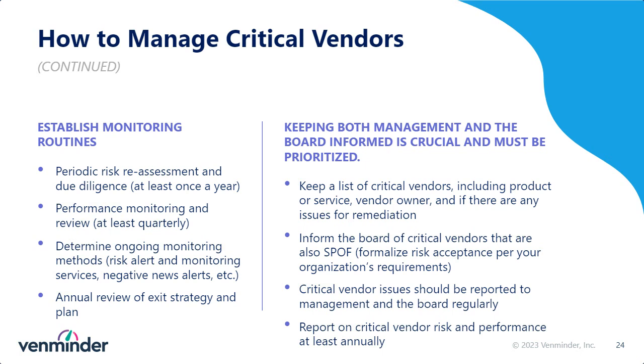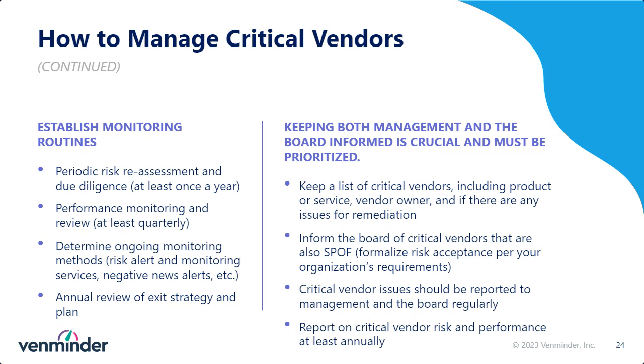We want to make sure we're doing performance monitoring and review at least quarterly. And the reason for this is even if there is a performance issue that's just slightly below where it should be or approaching the upper threshold of where it's not acceptable, we want to fix that right away. We don't want it to go in the ditch before we take action.